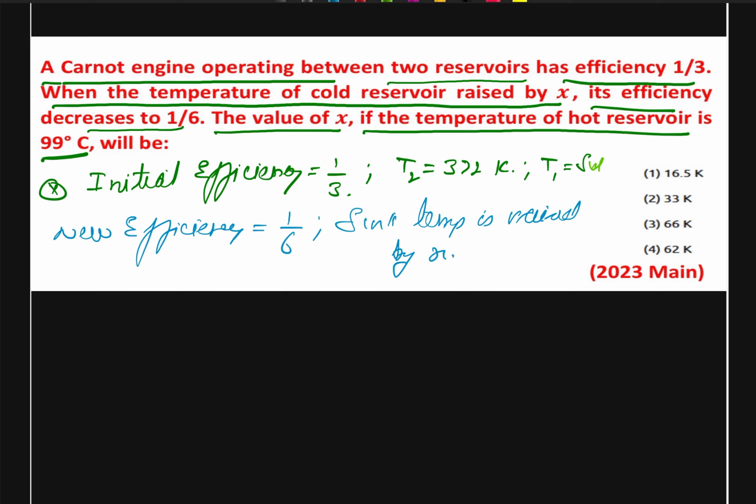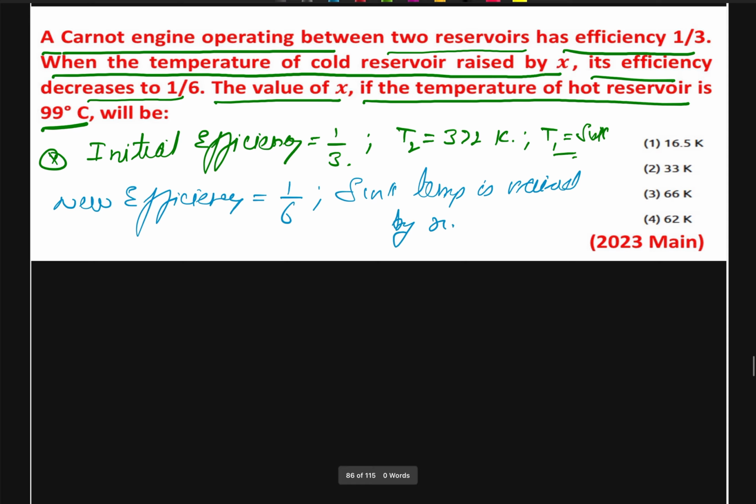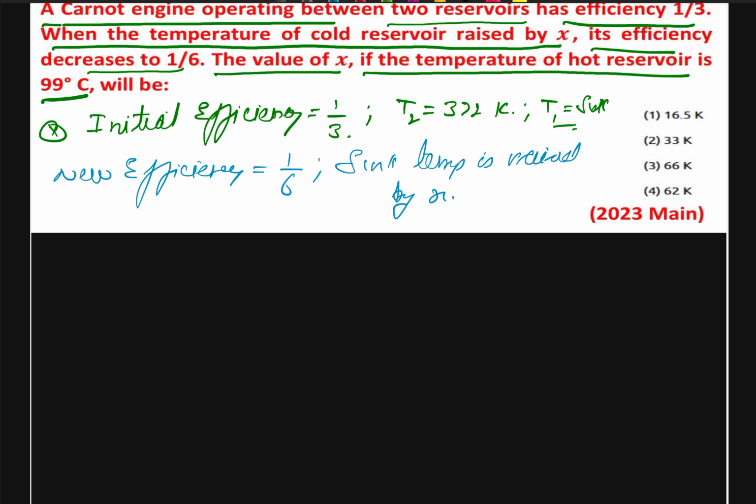This is our initial sink temperature, and the new sink temperature is raised by x. Therefore we can say that our new sink temperature, let us call this T1 prime, will be equal to T1 plus x.